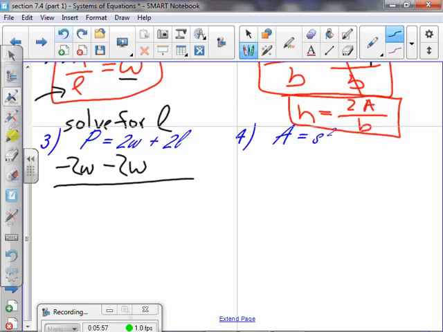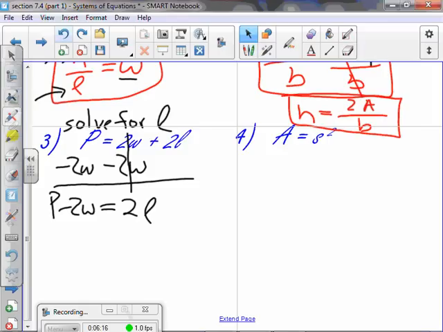Now over here, 2w minus 2w, those are like terms, so I can just subtract and I get 0. But on the other side, p minus 2w, those are not like terms, so I can't do anything else. It's just p minus 2w, and that's going to equal 2l. I have only one step left now, and that is to get L by itself, so I divide by 2.